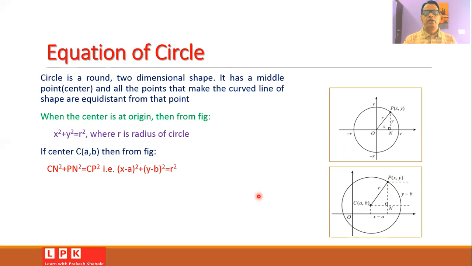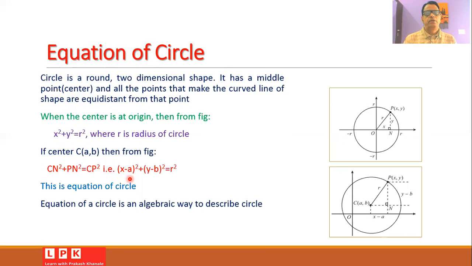And therefore, we can rewrite the equation as x minus a square plus y minus b square is equal to r square. And this is another form of the equation of the circle, where the center of the circle is not at the origin. So as I said, whenever we write the equation of the circle, it is an algebraic way of describing the circle.